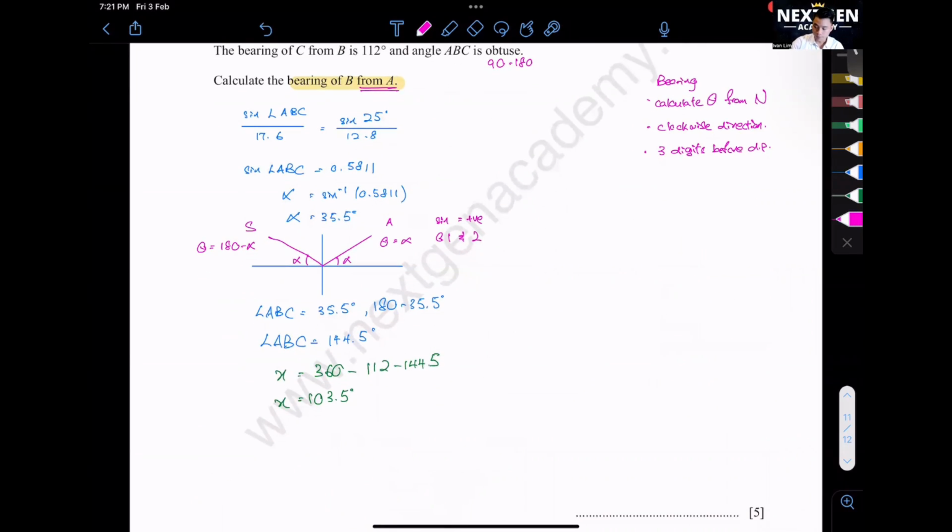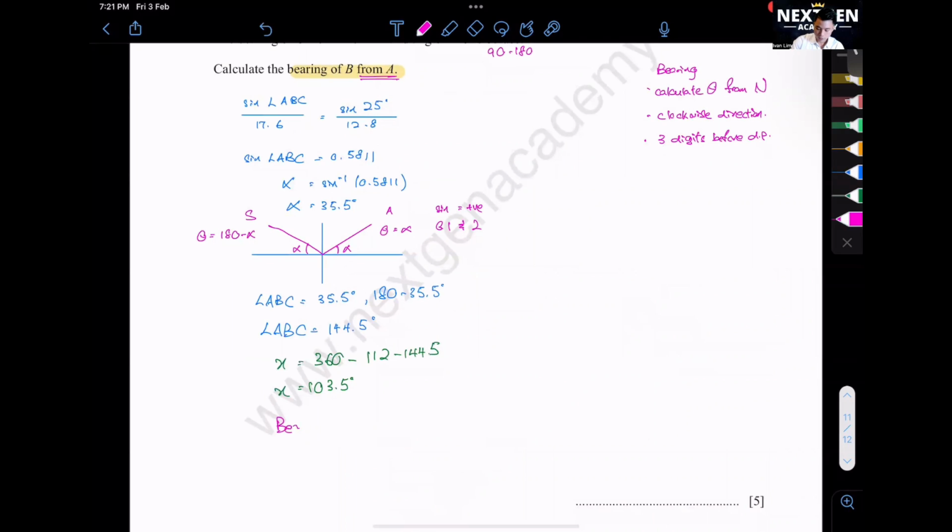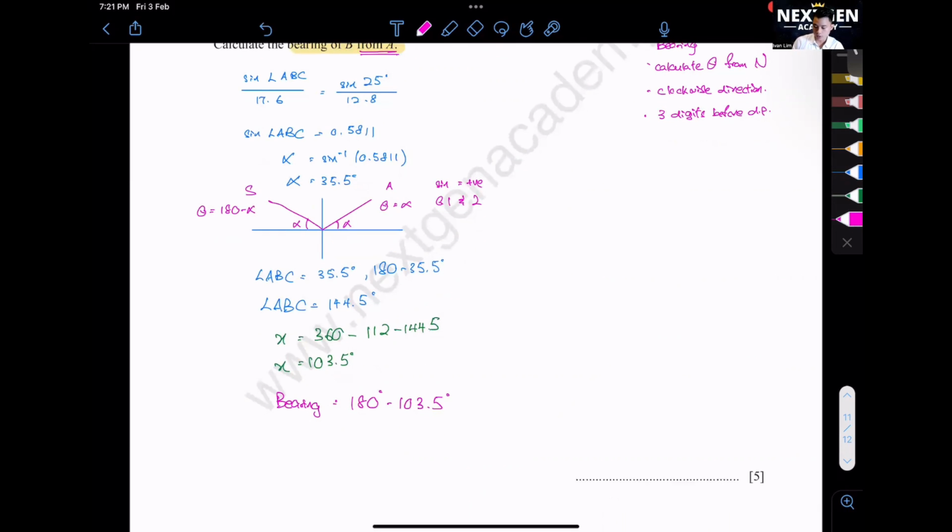Therefore, the bearing will be equal to 360 minus 180 minus 103.5 degrees. Type in the calculator, you get 76.5 degrees.